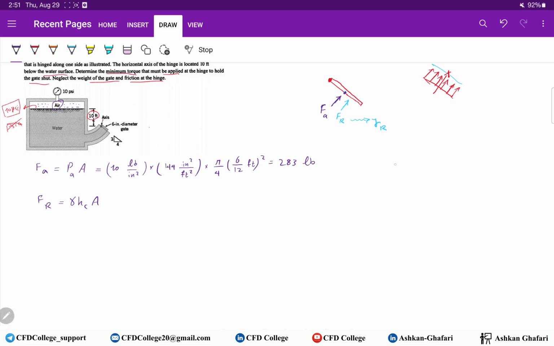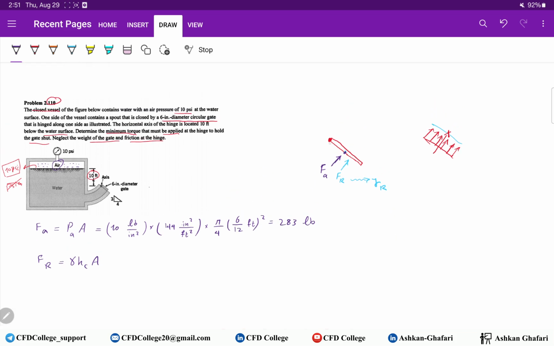This is the gate, and if I continue the direction, I reach the water surface. We know that this distance is 10 feet. And also we know the angle through this triangle.